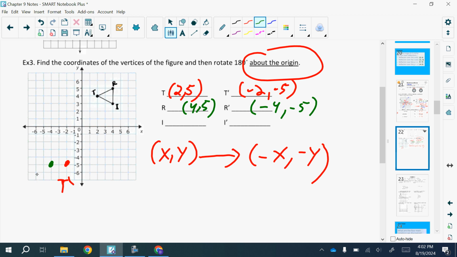So here we have R prime. Now, for I, we have 4, 3. So this goes to -4, -3. I prime.